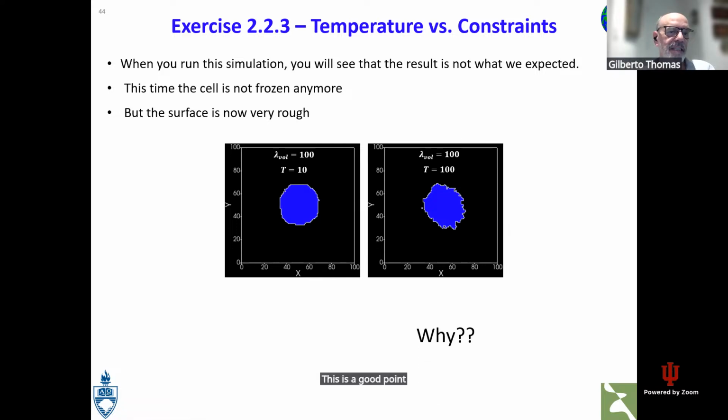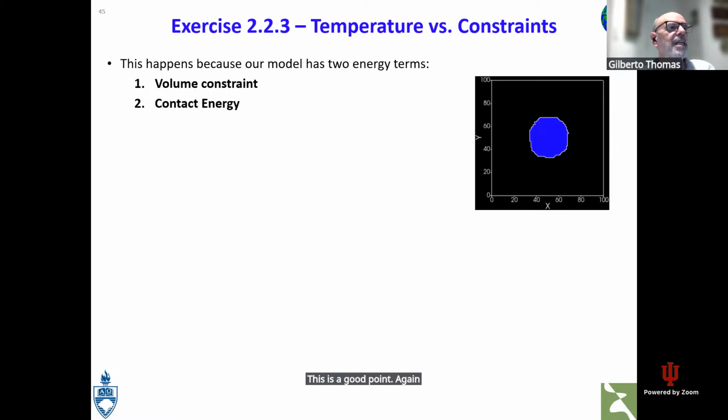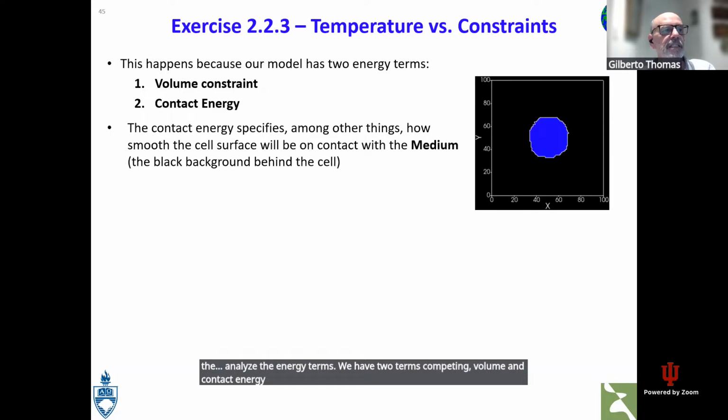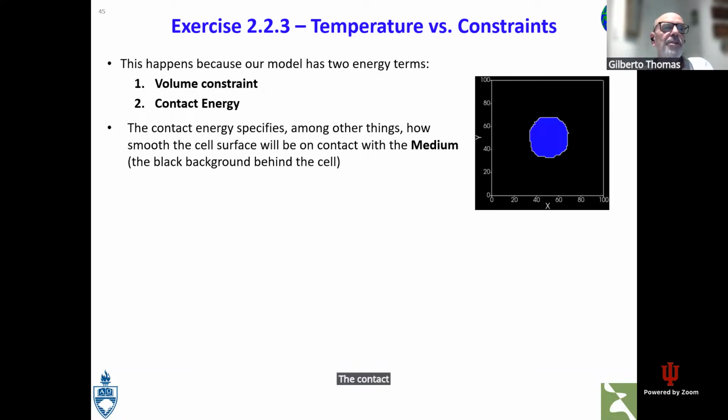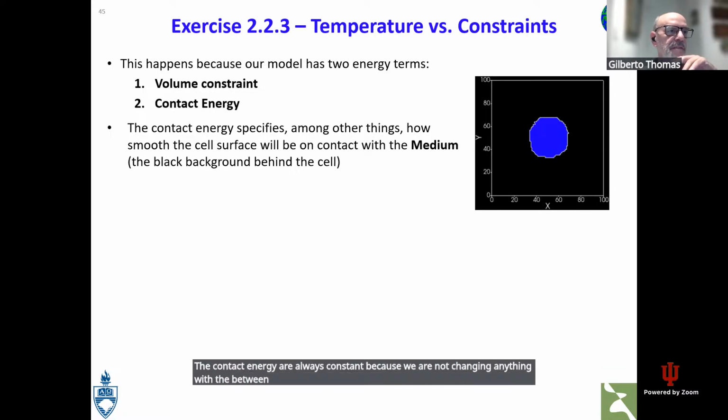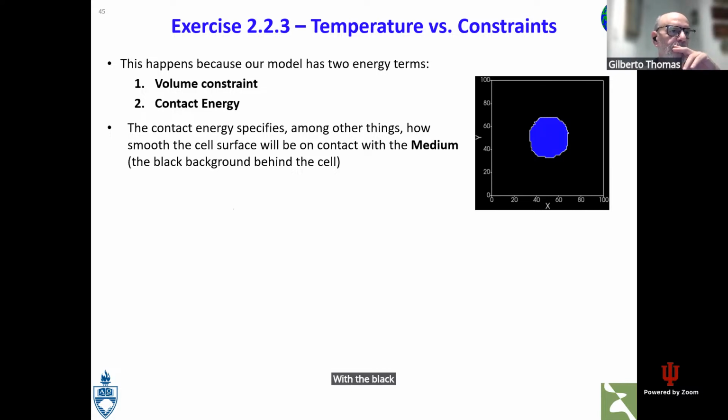Why? Let's go back and analyze the energy terms. We have two terms competing, volume and contact energy. The contact energy is always constant because we are not changing anything between the cell and the medium, the black stuff behind the cell.